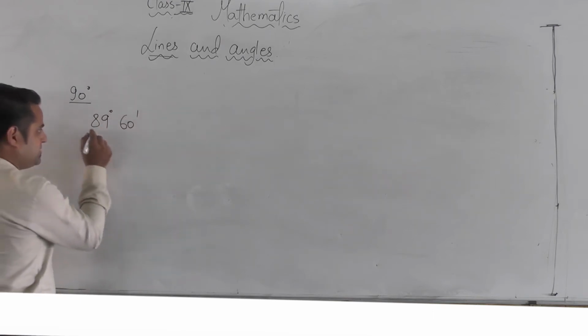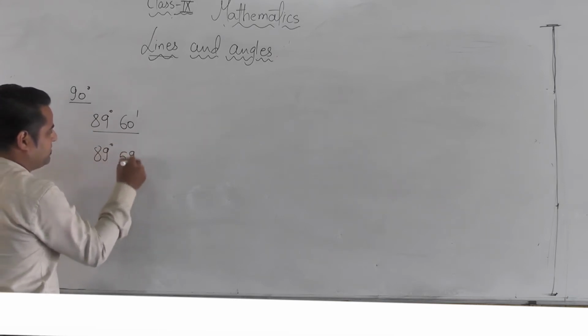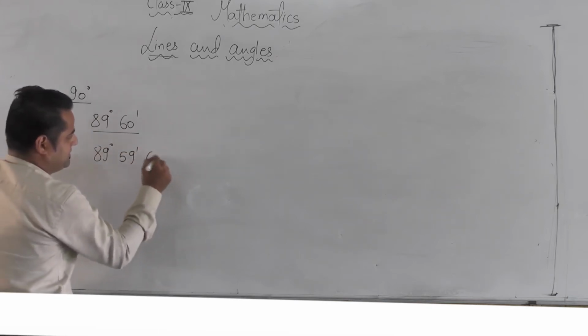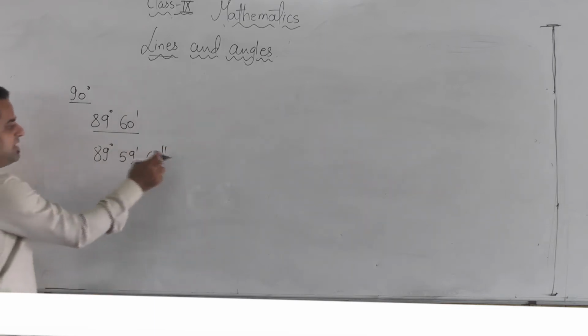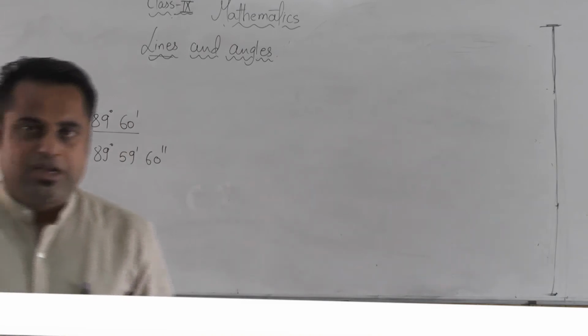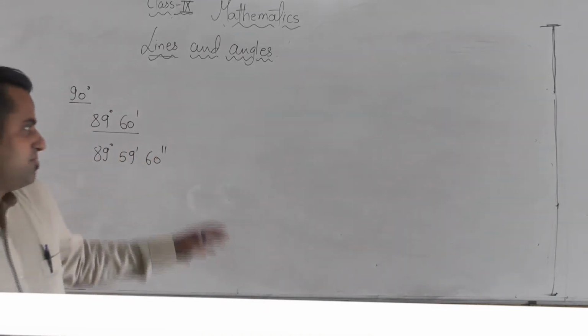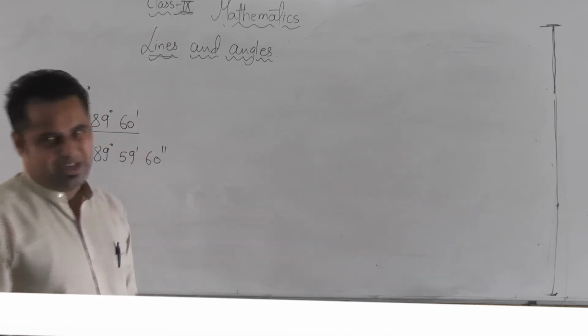I can separate it into more parts like 89 degree, 59 minute and 60 second. The single dash and double dash denote minutes and seconds. You can learn it. It is given in a few of the reference books. Okay, but nowadays it is not asked much.